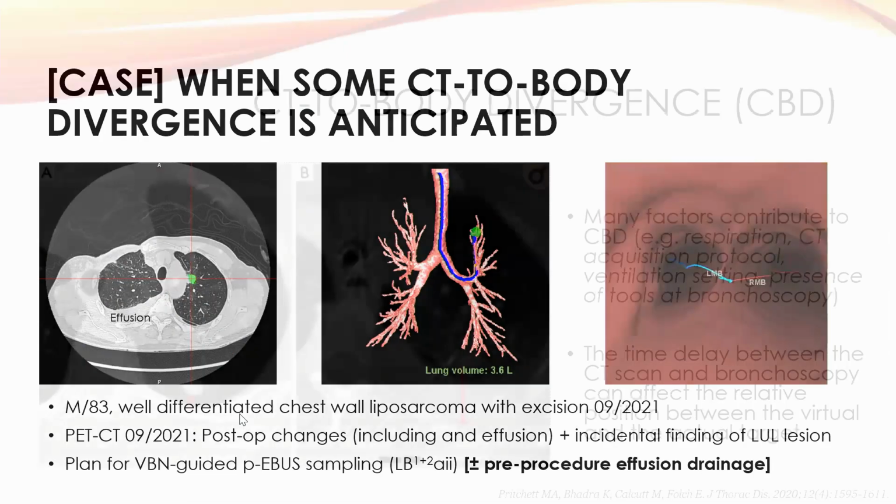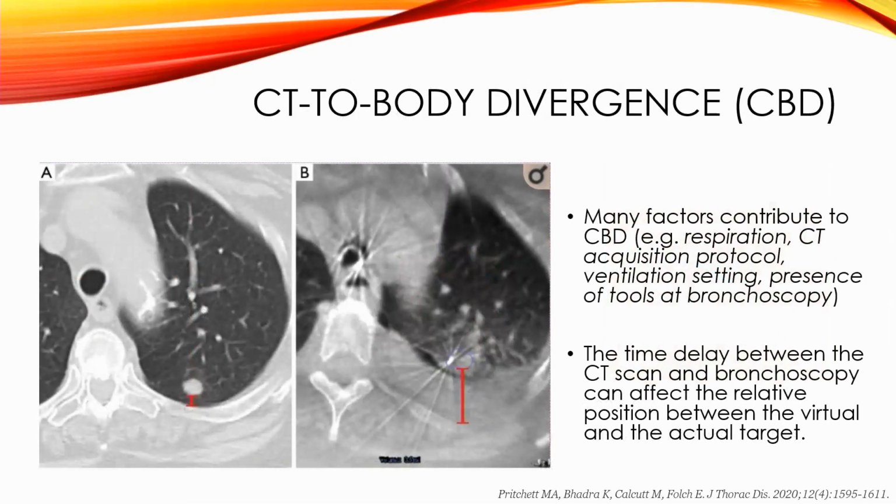If we do this with an EMN system, then we need to consider CT-to-body divergence, because there are multiple reasons that contribute to it. But for those that are not familiar, it simply means that the time of acquisition of the CT and the difference in the time of the bronchoscopy contribute to a shift in the position of the target.